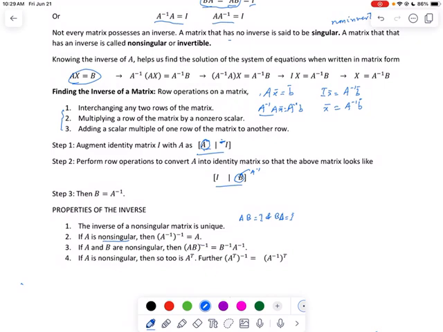When we distribute this inverse sign, the product gets inverted. Four: if A is non-singular, then so is A transpose. So if the inverse of A exists, then the inverse of A transpose exists, and the inverse of A transpose is the same as the transpose of A inverse.